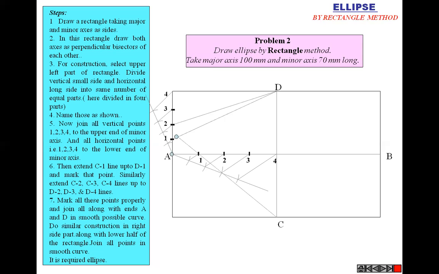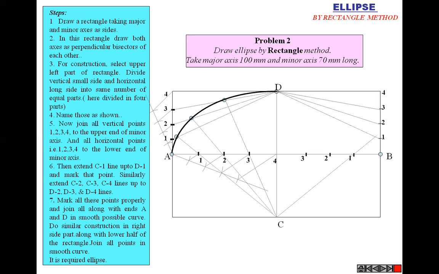One point is at A. Then similarly, if we draw a line from C passing through 2, we get the third point. Similarly, for the fourth point, draw a line from C passing through 3 and intersecting D3. Similarly, we get the fifth point, then join AD, that curve. Similarly, do the same for the remaining half of the ellipse.